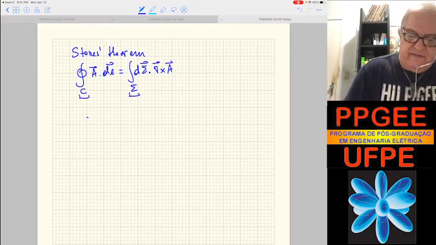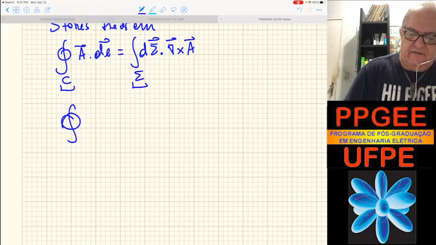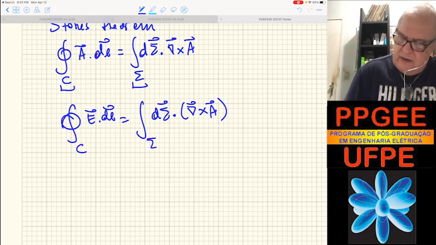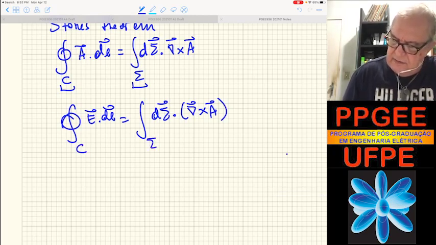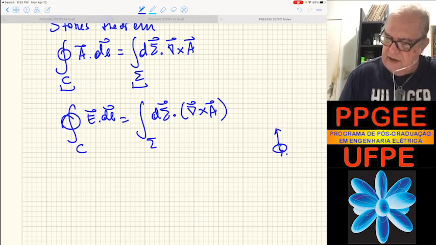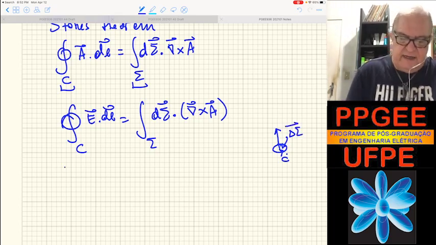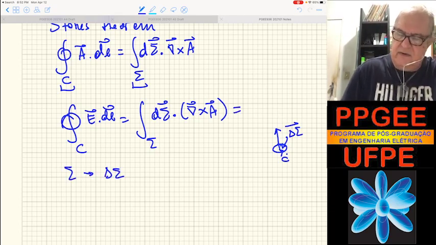In our case, we have the circulation of the E field equals the curl of E on the surface, and again, I'm going to make a differential area, delta sigma. That's a vector. So if sigma goes to a very small area, and this is equal to 0, right?